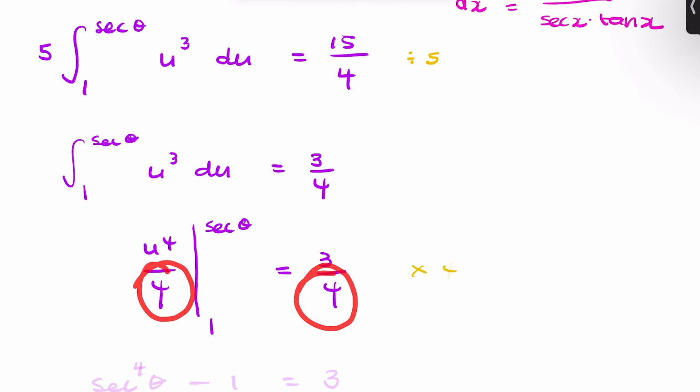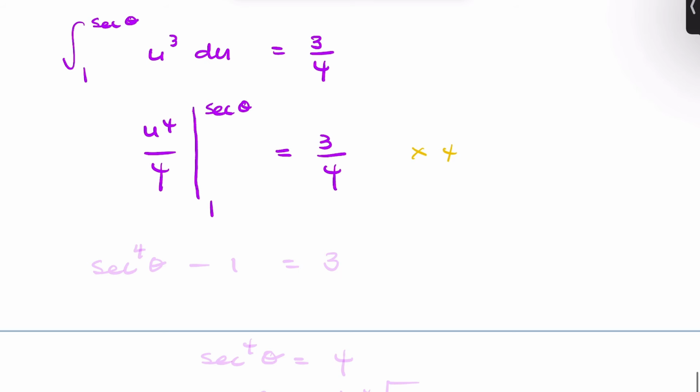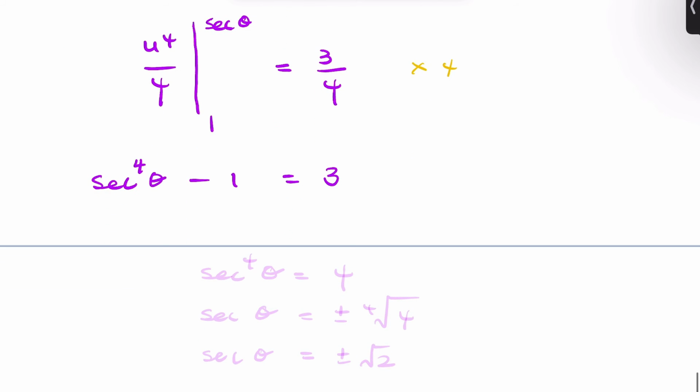Again, let's just multiply by 4. And then you've got secant to the power 4 theta minus 1 equals 3. Now it's looking much nicer. It's looking like a trig question.